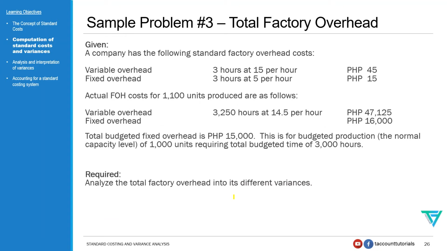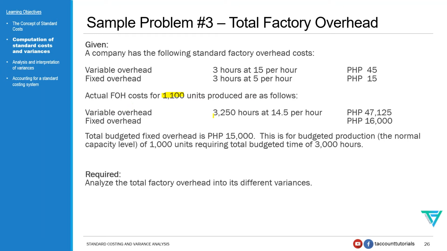Now, let's proceed to a sample problem which combines variable overhead and fixed overhead. Alright, so for this problem, a company has the following standard factory overhead costs. Variable overhead, 3 hours at 15 pesos per hour leads to 45 pesos per unit. Fixed overhead, 3 hours at 5 per hour leads to 15 pesos per unit. Actual factory overhead costs for 1,100 units produced are as follows.